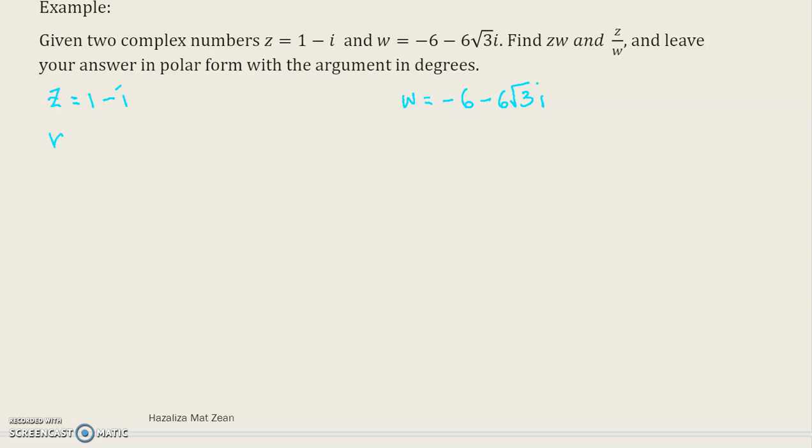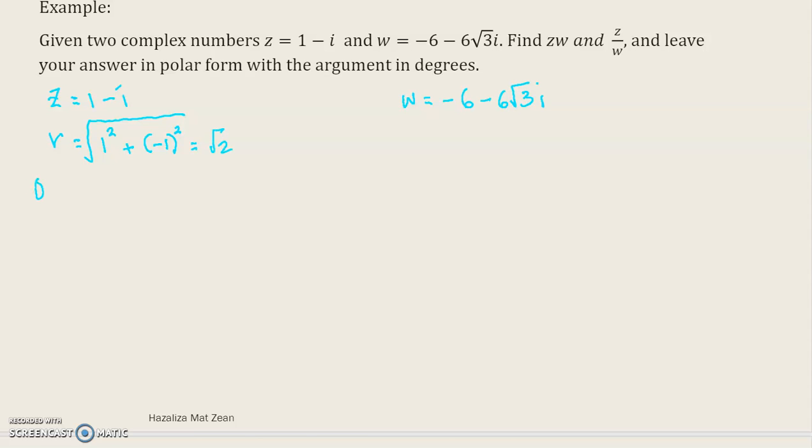So we find r for this one. r should be the square root of 1 squared plus negative 1 squared. So 1 plus 1 is 2, so the square root of 2.